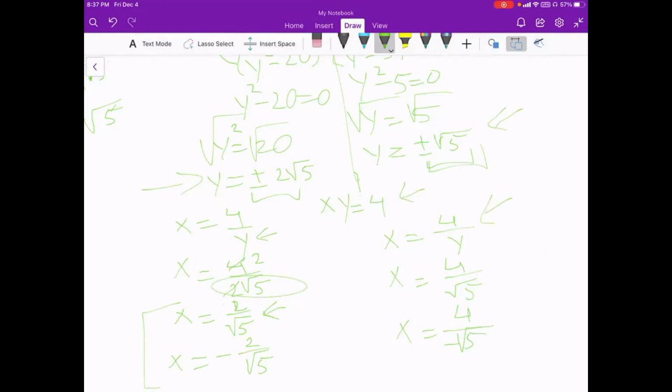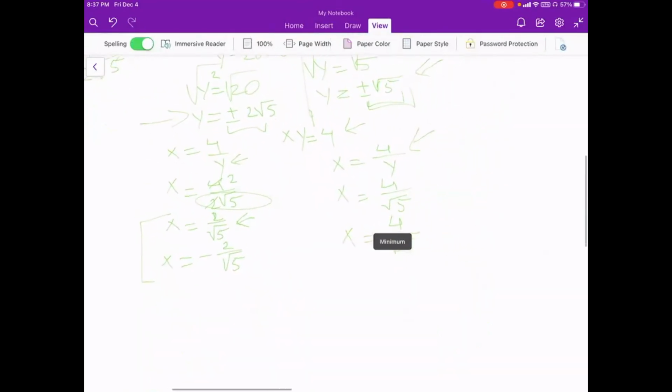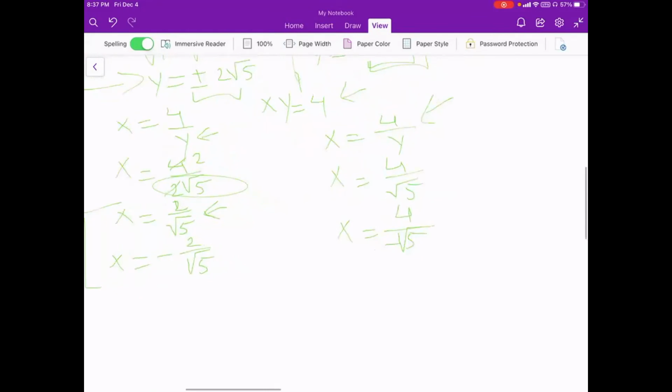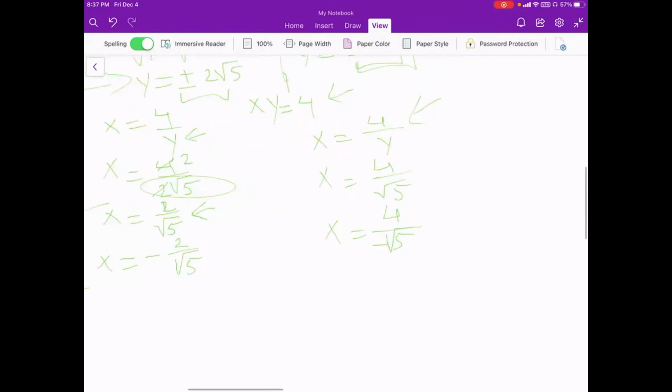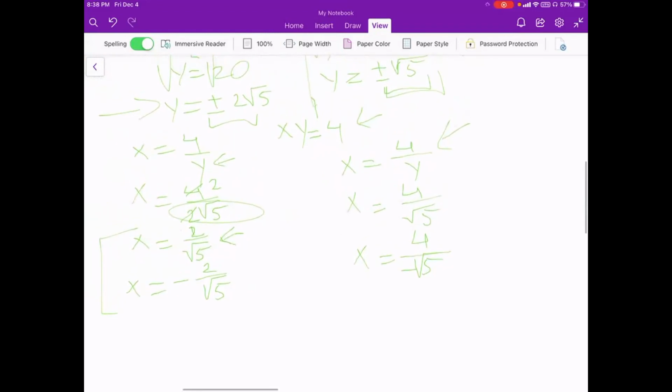And now if you are an organized person, you obviously would like your answers to be organized as solution sets, and we're going to go ahead and do that. But please keep in mind that you have to pair them correctly if you are trying to write them as solution sets.